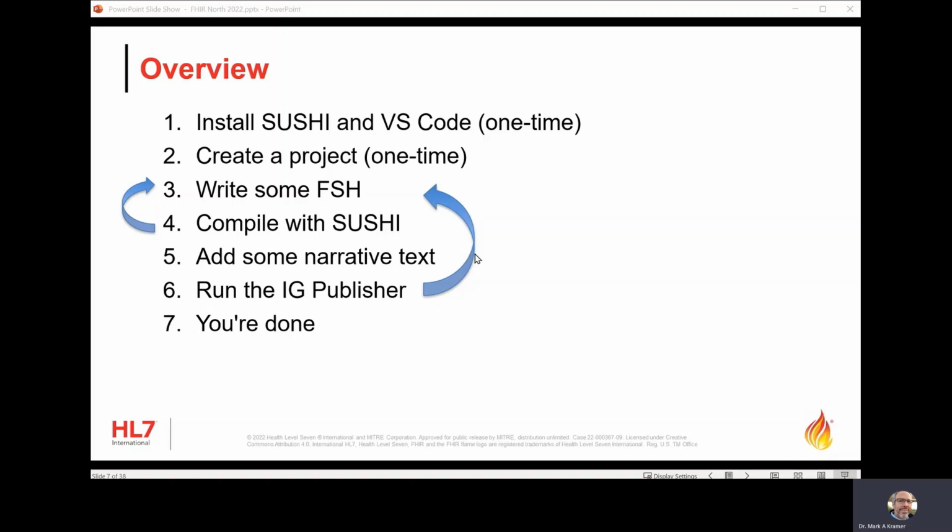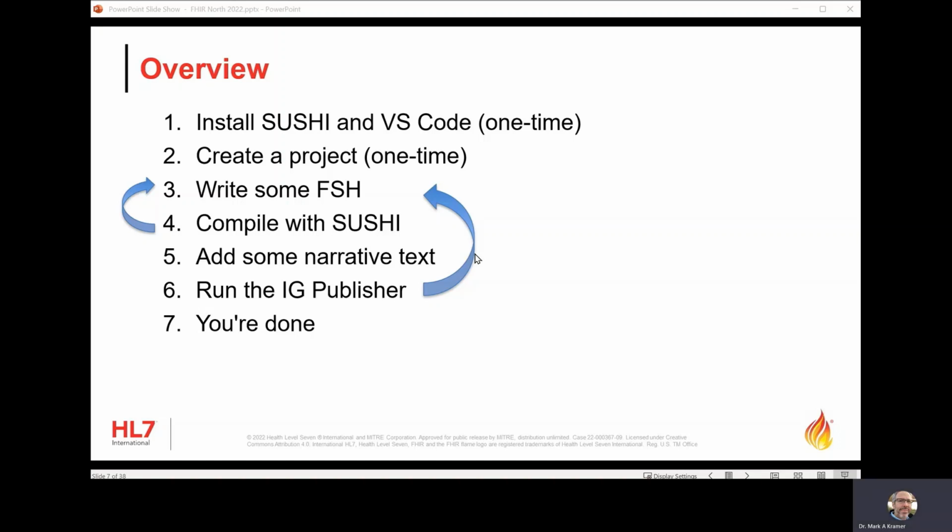You then create a new project and start writing some FHIR shorthand. Along the way, you'll use Sushi to create FHIR artifacts and verify your work. And at some point, you'll add narrative text. Then you'll run the IG publisher to produce a draft IG. And of course, you'll be iterating these steps. And when you're satisfied with the results, you're done.